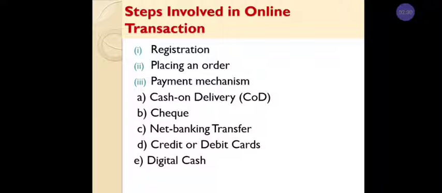First one, cash on delivery. Second one, check. Third one, net banking transfer. Fourth one, debit or credit card. And the last payment option, digital cash. Let us understand in detail, practically.